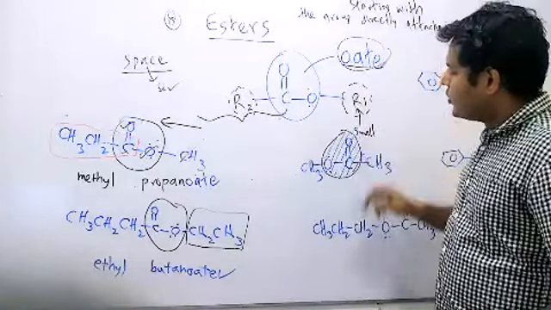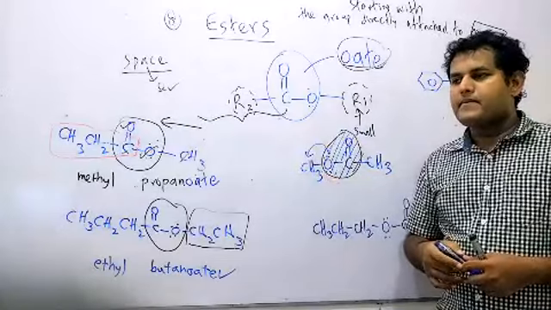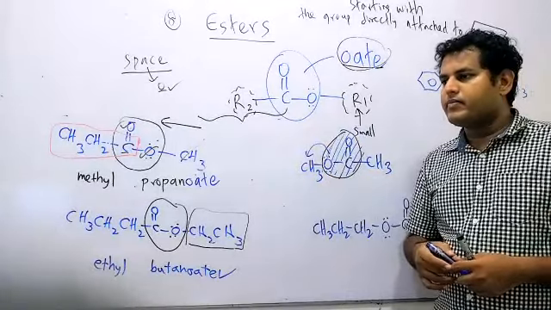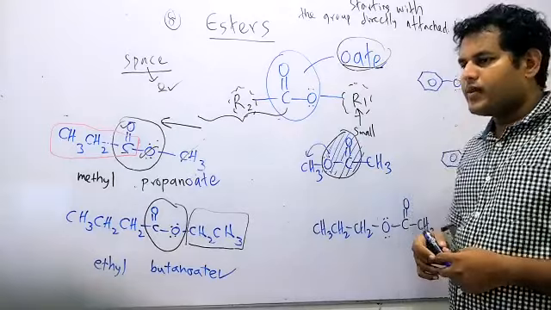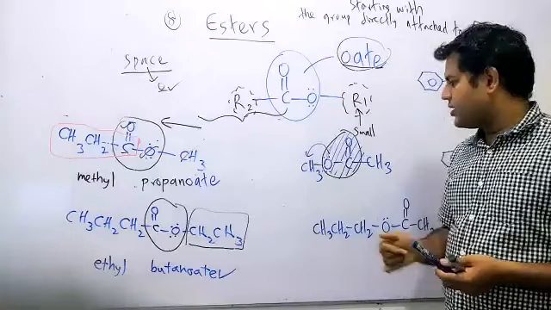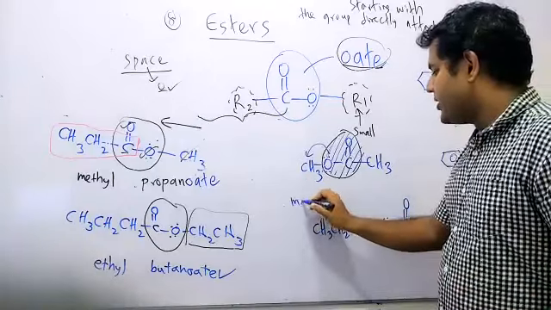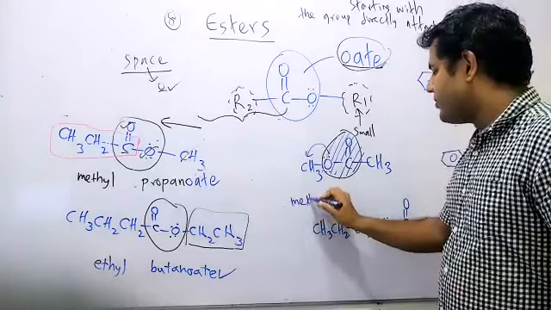So what would be the name of this? Yes, very good. Receiving the names. CH3 means methyl. Yes, I know that is methyl. Then for the entire name, keep the space and write the compound complete. Is it butanoate?